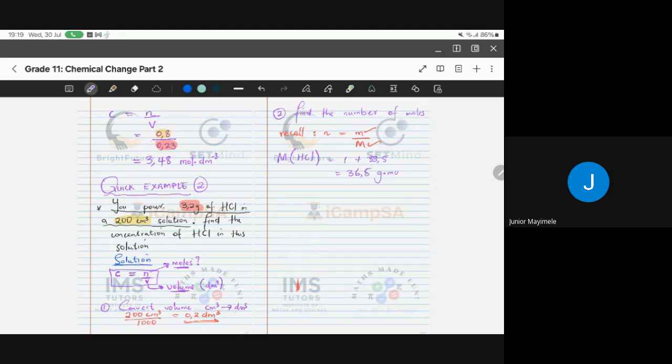Remember, grams per mole. That's our molar mass. Now we can find the number of moles. n is m over M. Small m over big M, not big M over small m. Okay, that is 36.5.